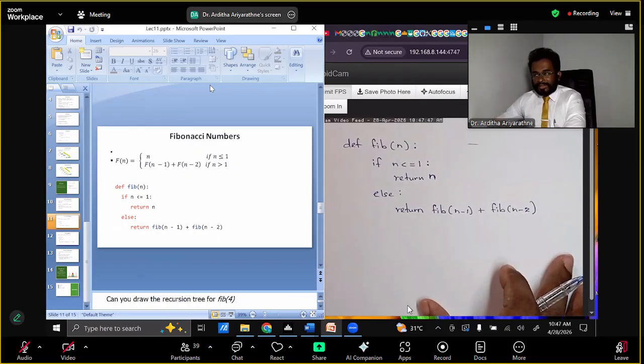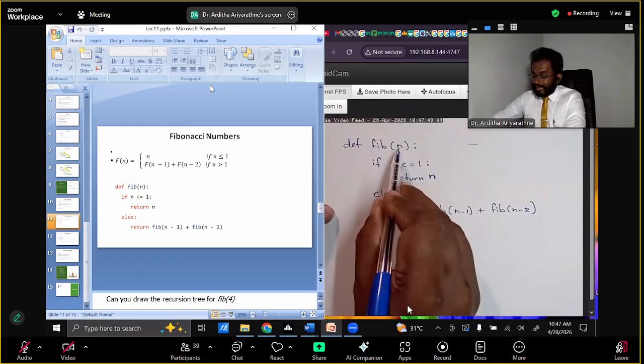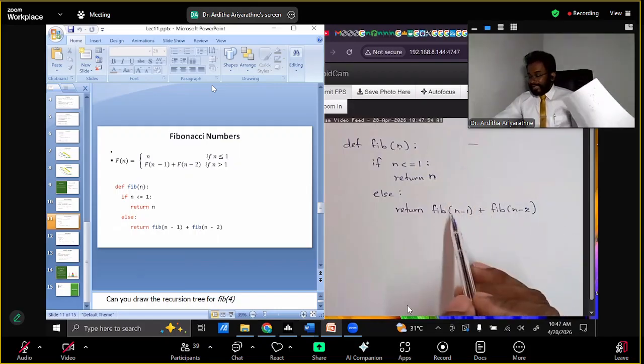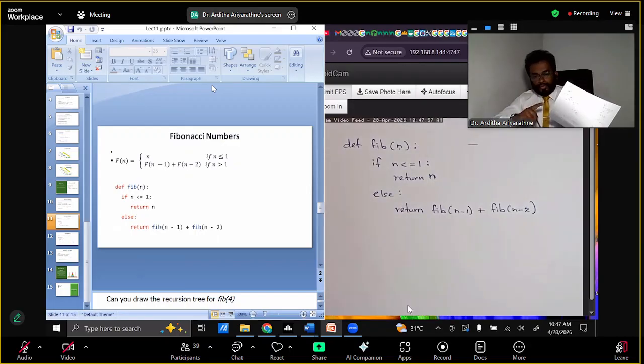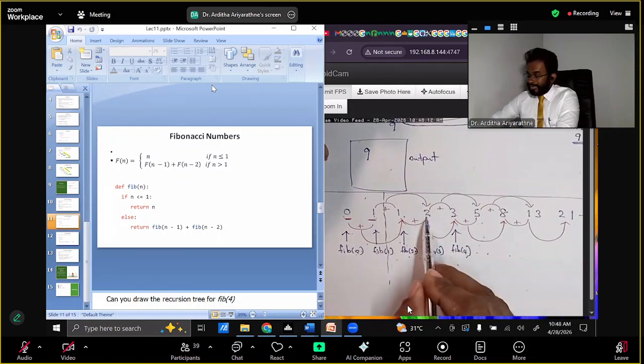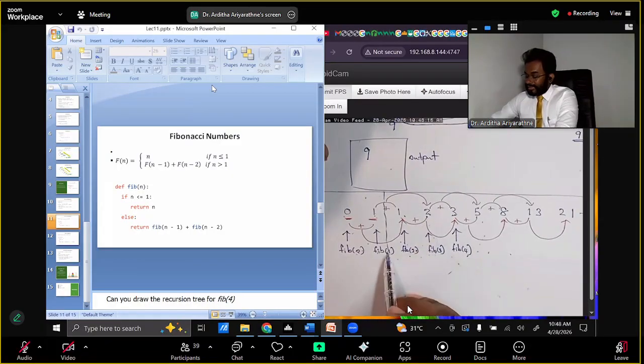If someone asks for the Fibonacci n value, it is the sum of the two previous Fibonacci numbers. For example, let's take Fibonacci 3. What is Fibonacci 3? It is the value of Fibonacci 1 plus Fibonacci 2.